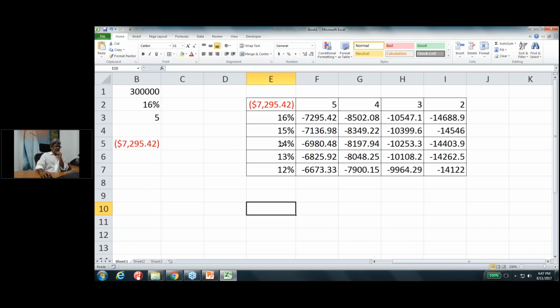Say, for example, if we have 13%, and if we go for, say, a 4 years loan, it will be 8048 installment per month. This will give you a fair idea of what should be our course of action.